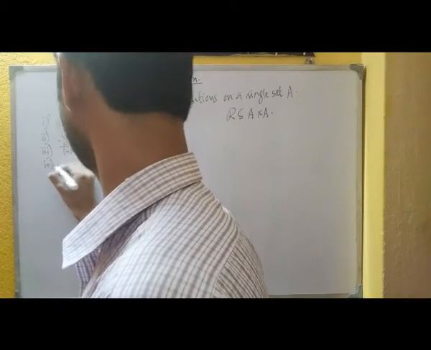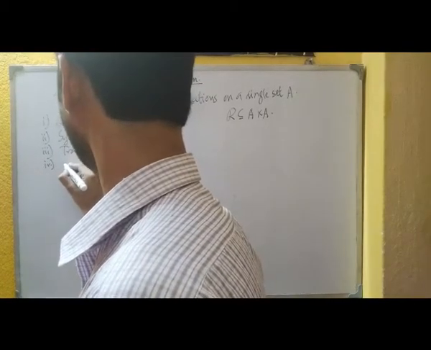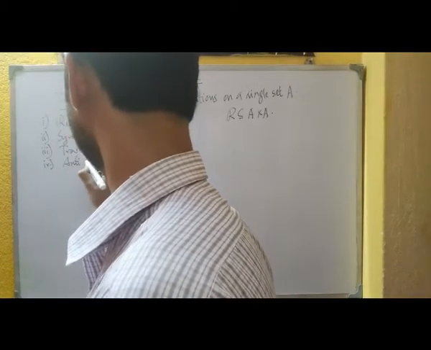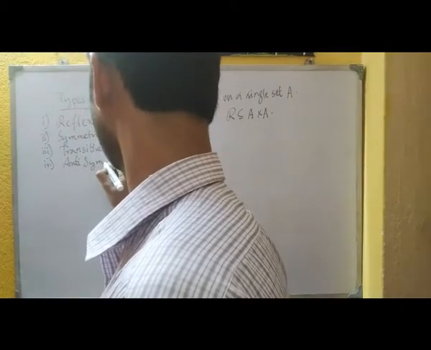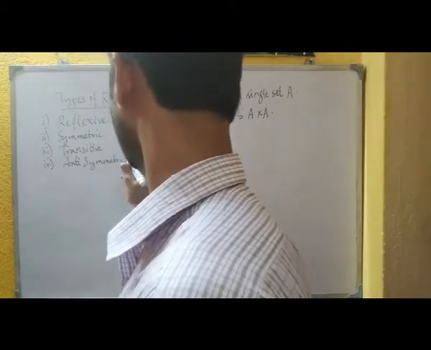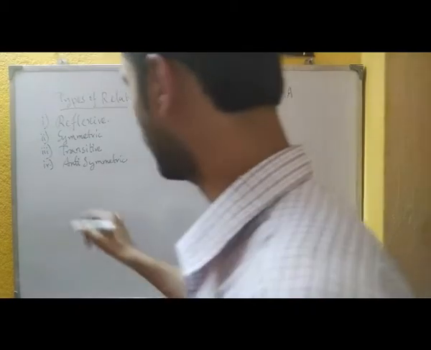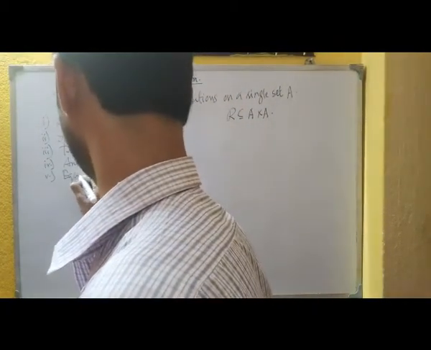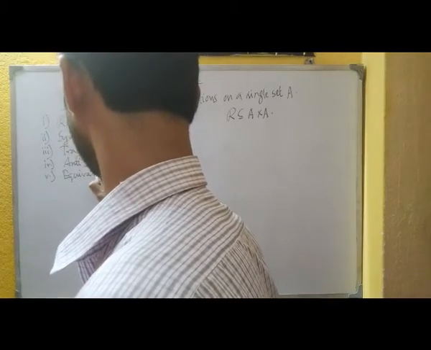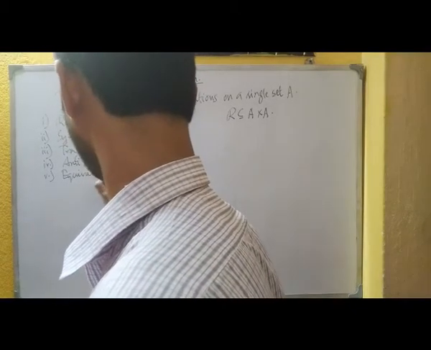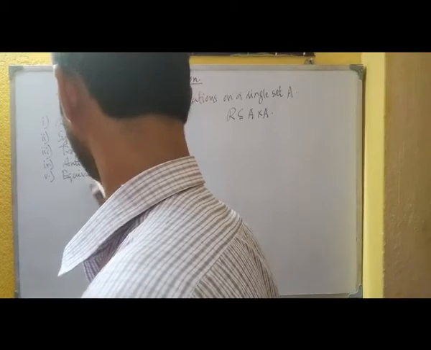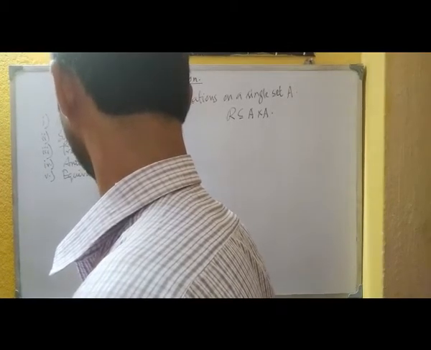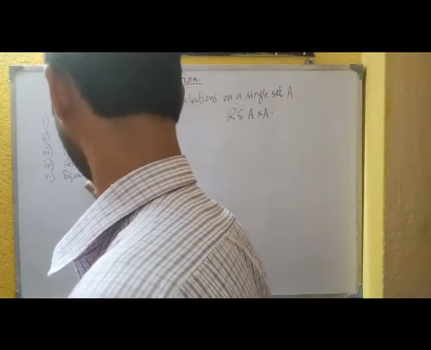And there is another relation that is called the antisymmetric relation. And number 5, which is important, is called the equivalence relation.